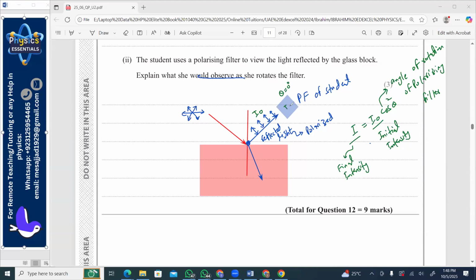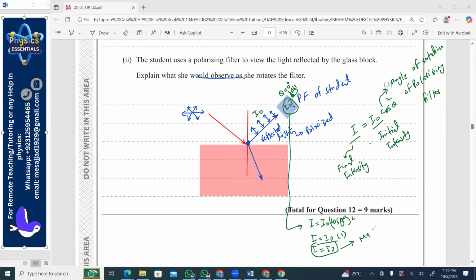So what intensity will you receive here? The student who is looking at this light through this eye will get how much of the intensity. This is what we need to find. For this, just refer to the same formula, I equals I naught cos squared 0 degrees, because we have not rotated it so far. So cos 0's value is 1. So I equals I naught into 1, and you can see that the intensity will remain as it is.